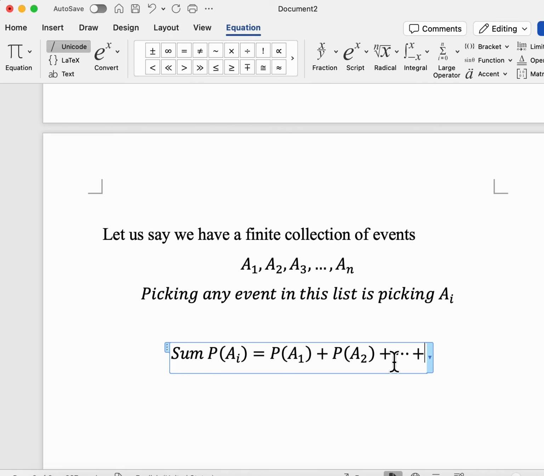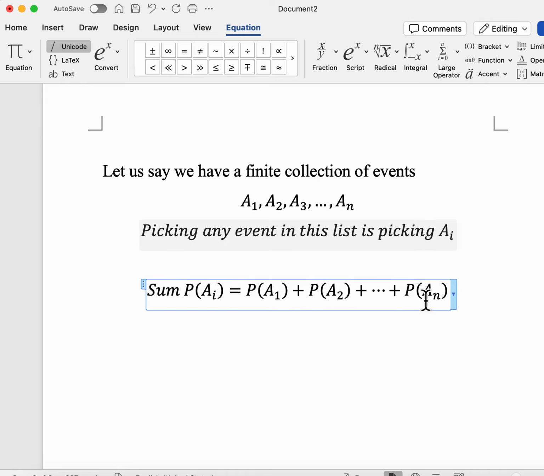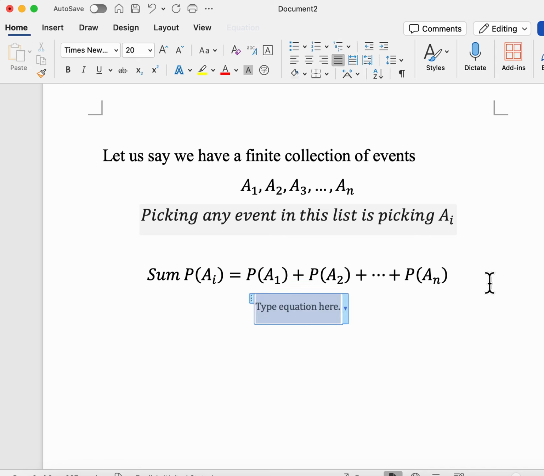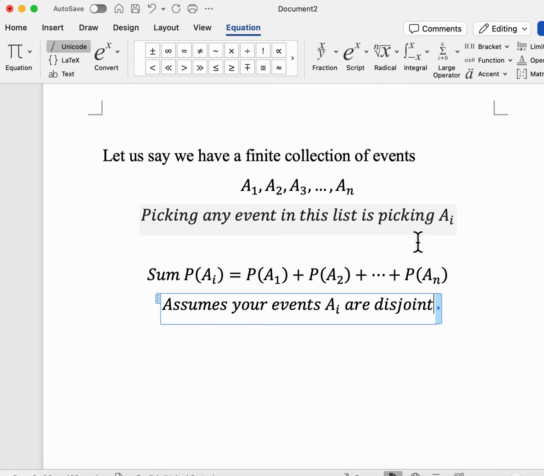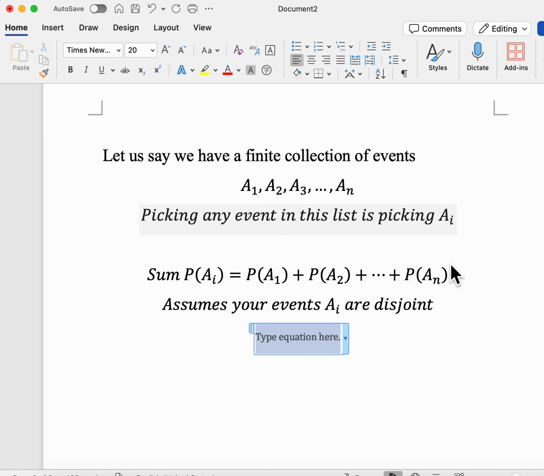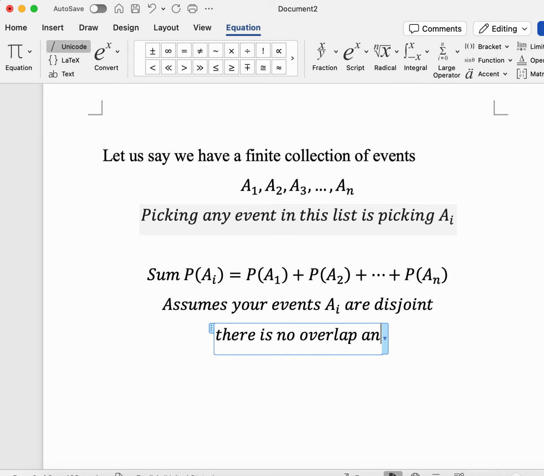This dot dot dot means there are truncated terms which are abbreviated and not added here because it'll take too long to write them down, up to the very last event, A of n. And that assumes your events Ai are disjoint, which means there's no overlap, and therefore no overcounting.